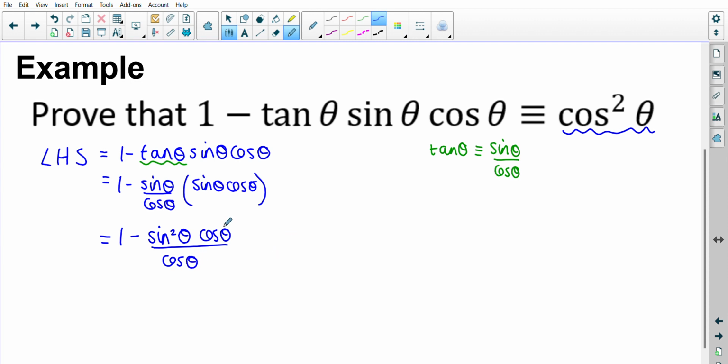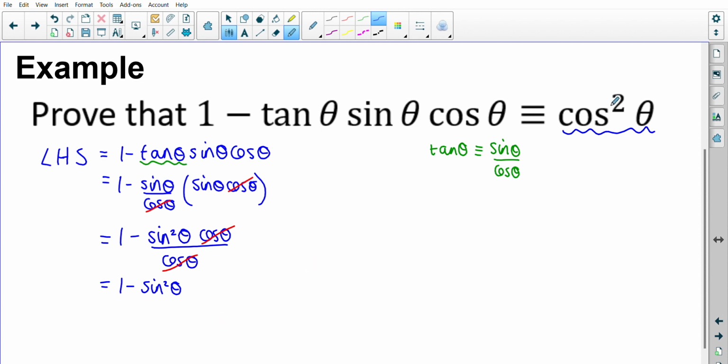And you can see I've got cancelling here. So cos theta on the numerator and the denominator will cancel. I could have even cancelled it up here and not had to times by it if you spotted it. So I'll be left with 1 minus sine squared theta over 1, which I'll just ignore.